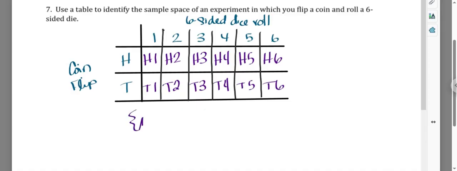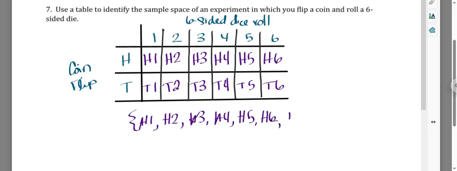So then we've got, so all the way up to 6 for each.